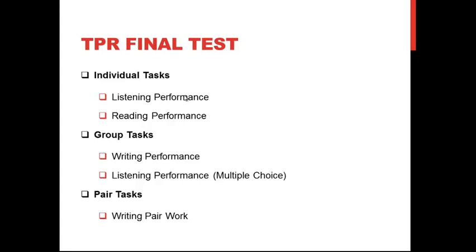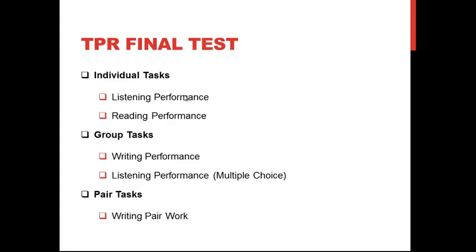If you have two classes in a week, like Monday, Wednesday, then you should call out only 4 of the students for one day and 4 of the students for another, because the test takes a little while, especially with the individual tasks.